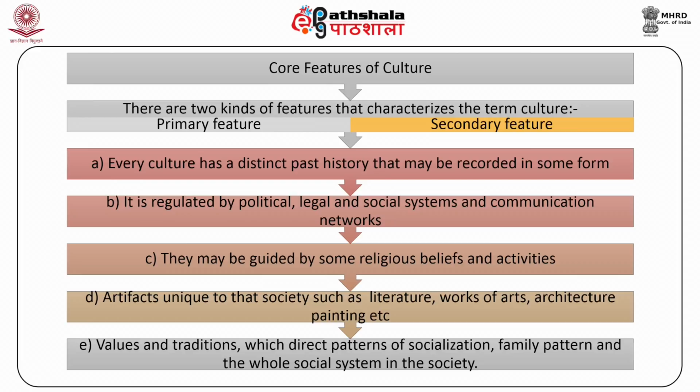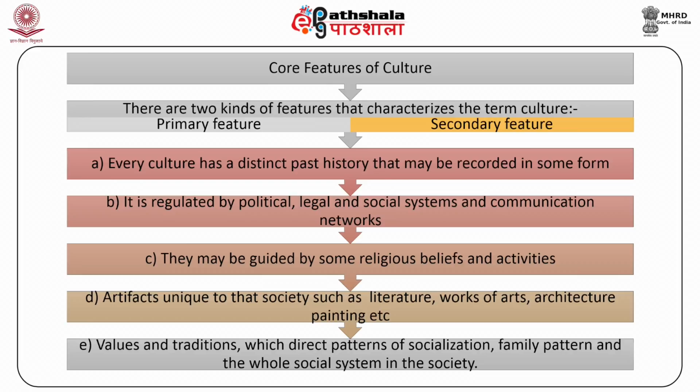A. Every culture has a distinct past history that may be recorded in some form. B. It is regulated by political, legal, and social systems and communication networks. C. They may be guided by some religious beliefs and activities, rituals, and ceremonies.